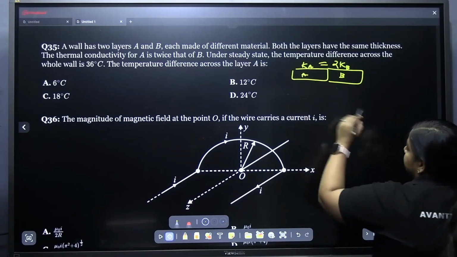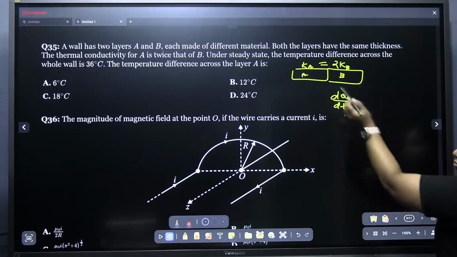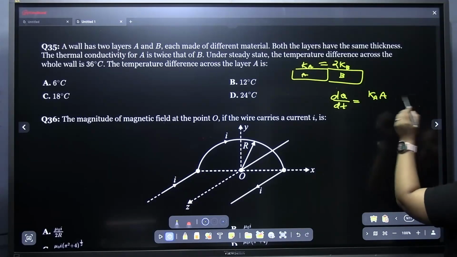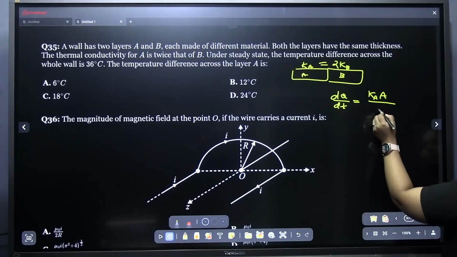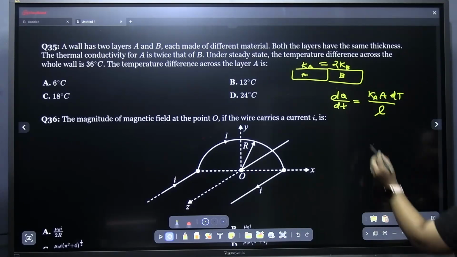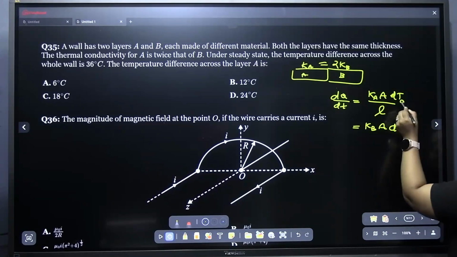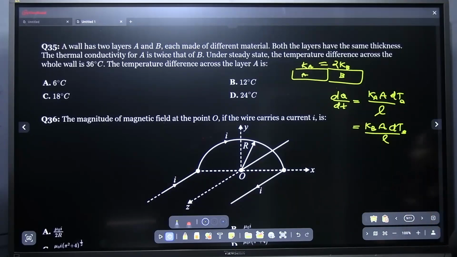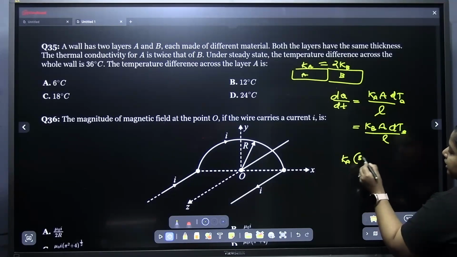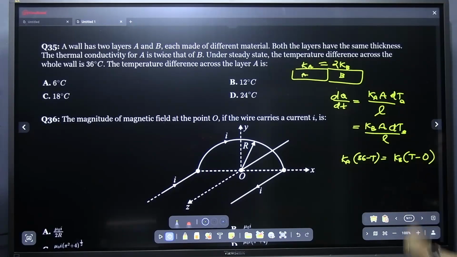Steady state means heat flow dQ/dt is the same for both. So for this one it is Ka A dT by length L, equal to Kb A dT by L for the other. Since area and length are the same for both, we will get Ka into (36 minus T) equal to Kb into (T minus 0).